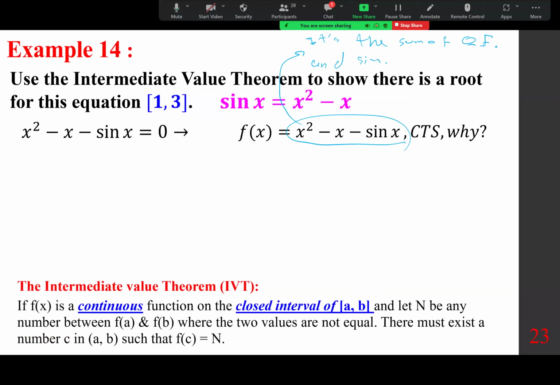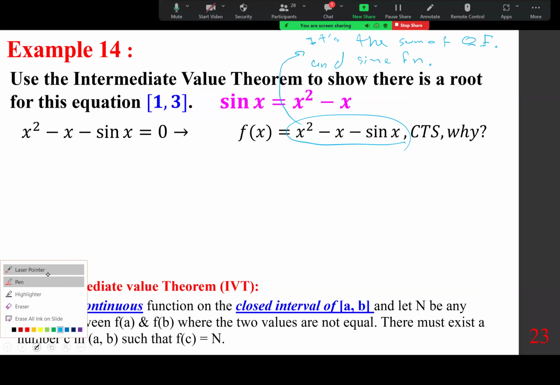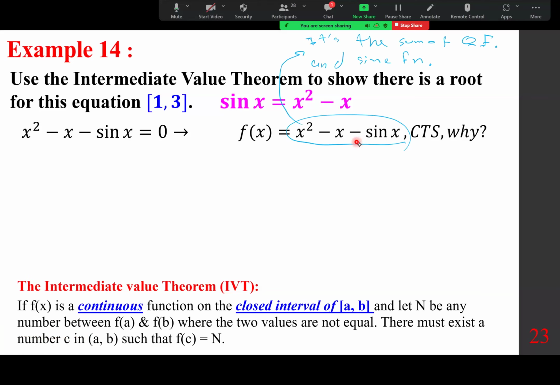By the way, subtract or add sine, remember, subtraction is a form of addition. So that's the first thing, continuous, we proved that.